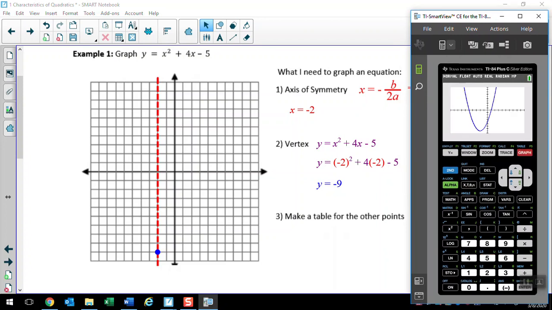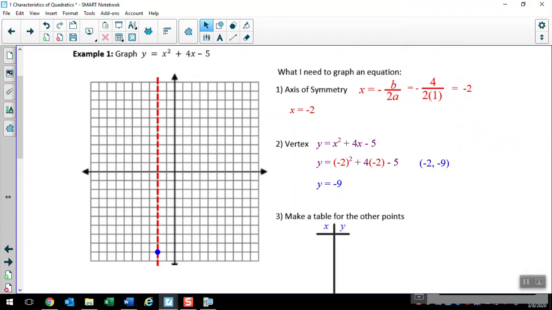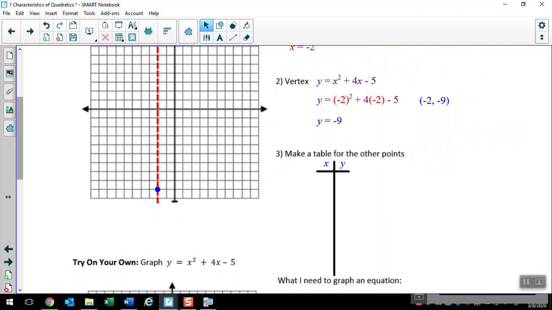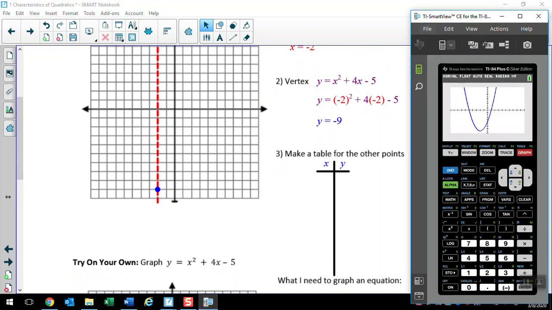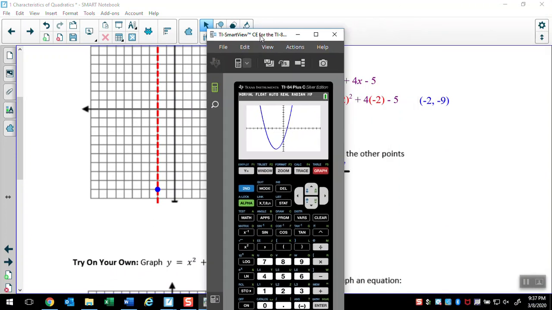So now I can see what it's supposed to look like, but what we want to do is make a table for those other points. So here's going to be my table. And now we can go ahead and use the table in the calculator to find those other points.